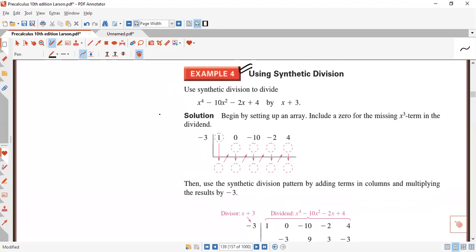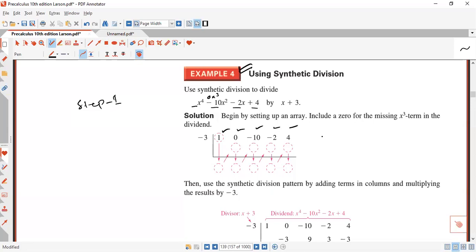Step 1 is to write the coefficients of this dividend: 1, then 0, because one term is missing, that is x cube, so I write 0x cube, then negative 10, negative 2, 4.